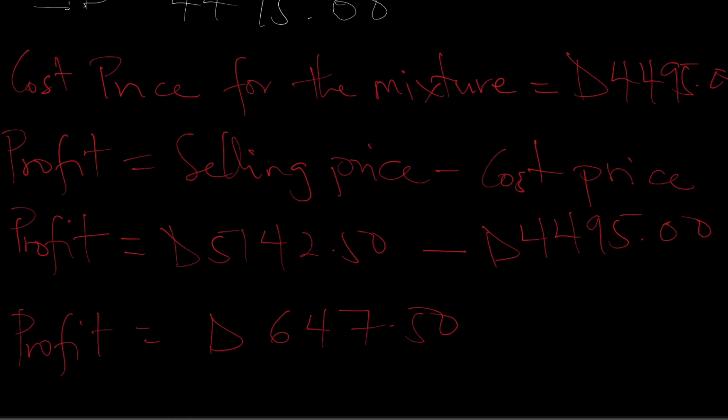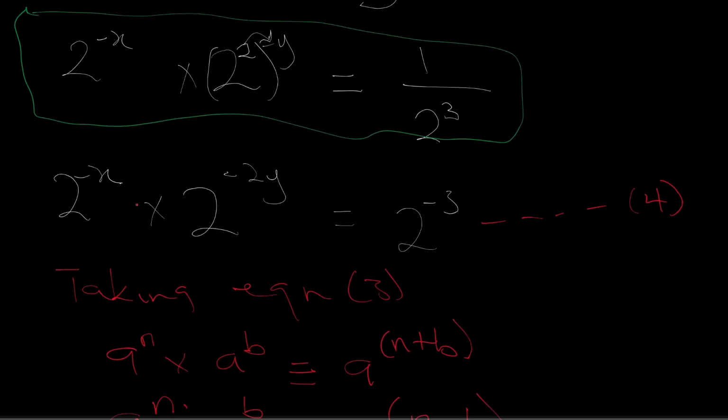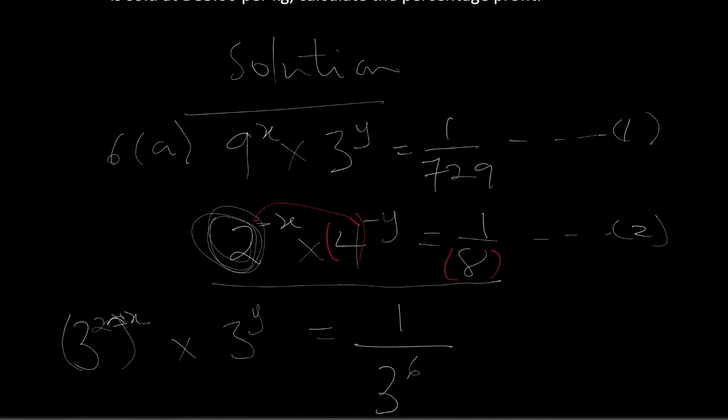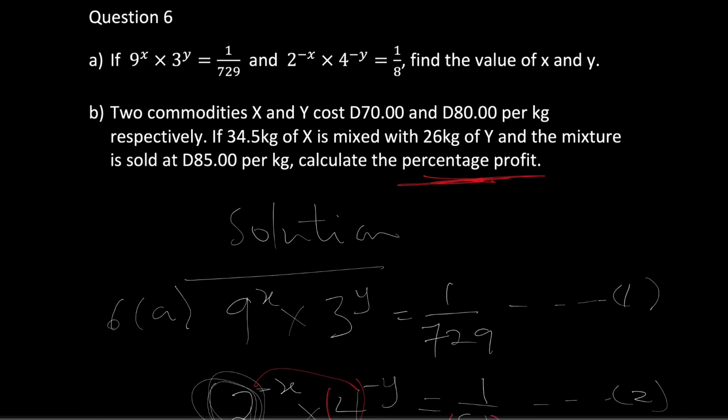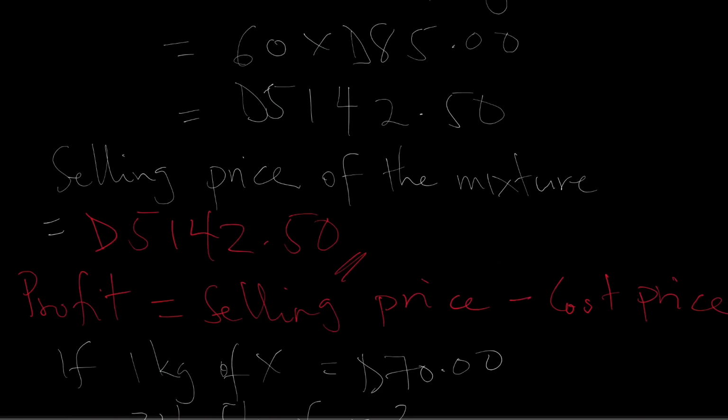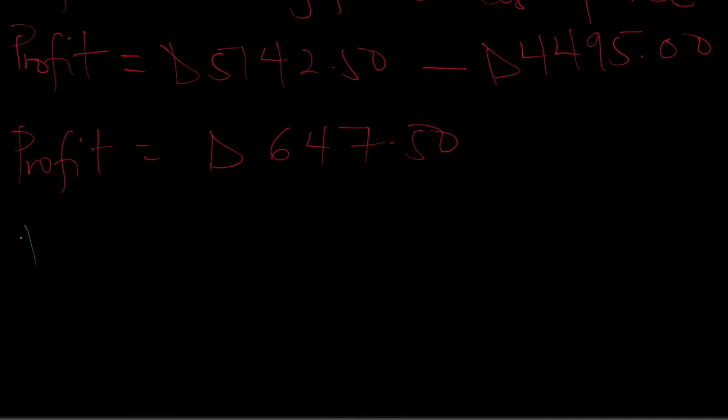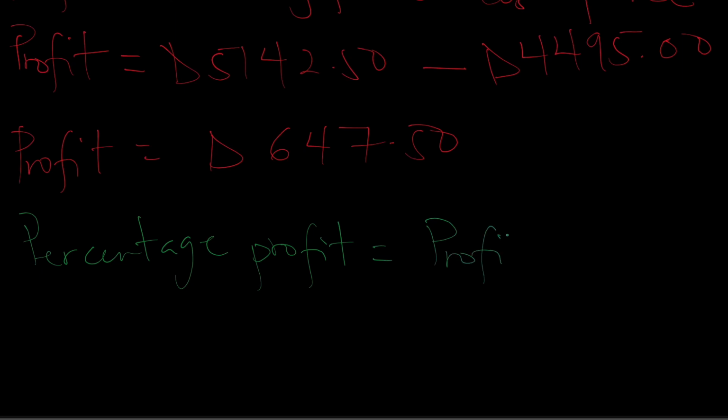But from the question we are asked to find the percentage profit, not the profit, the percentage profit. So the percentage profit is equal to profit over cost price times 100.